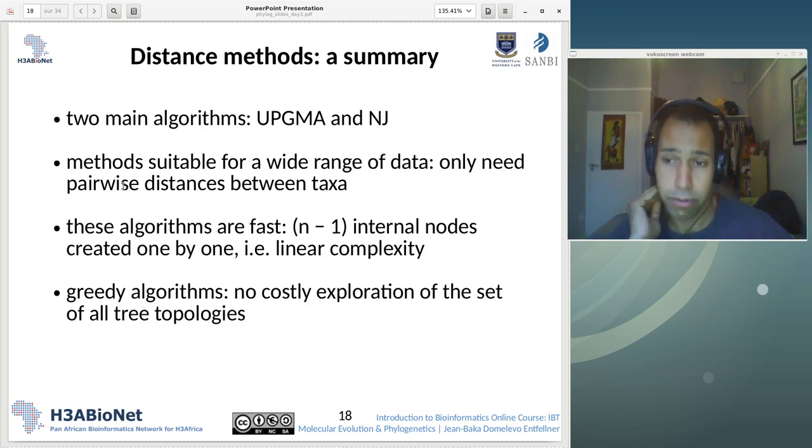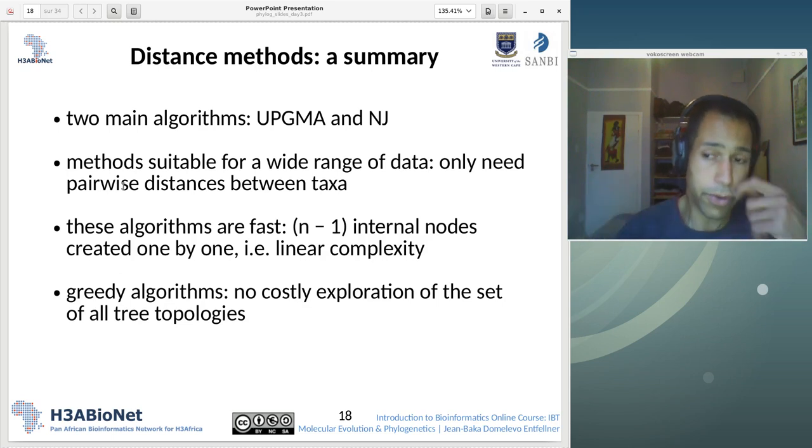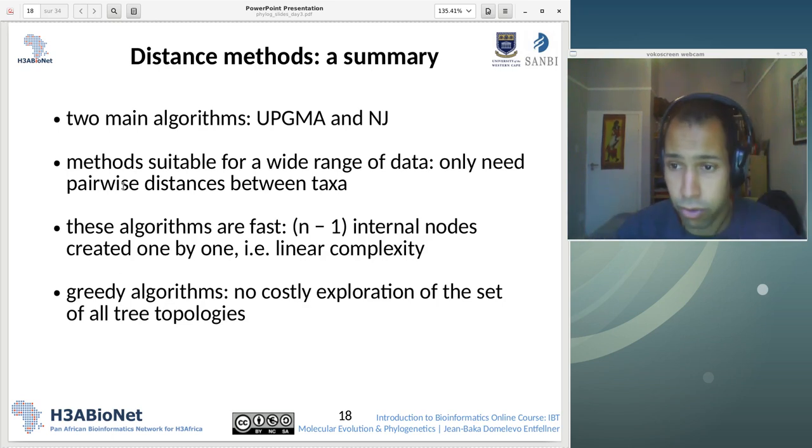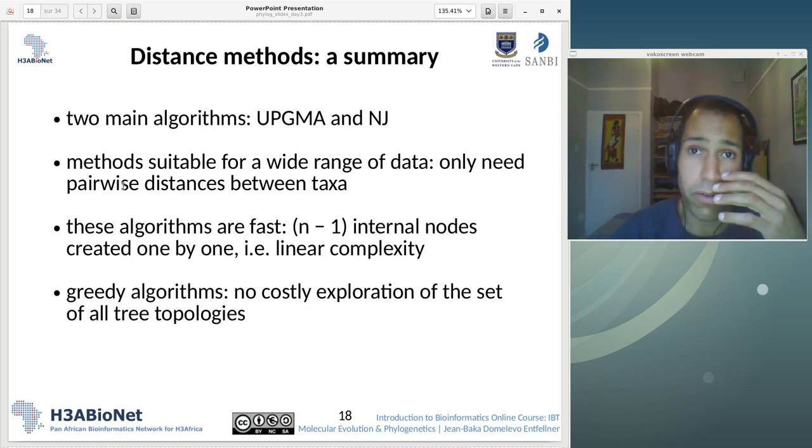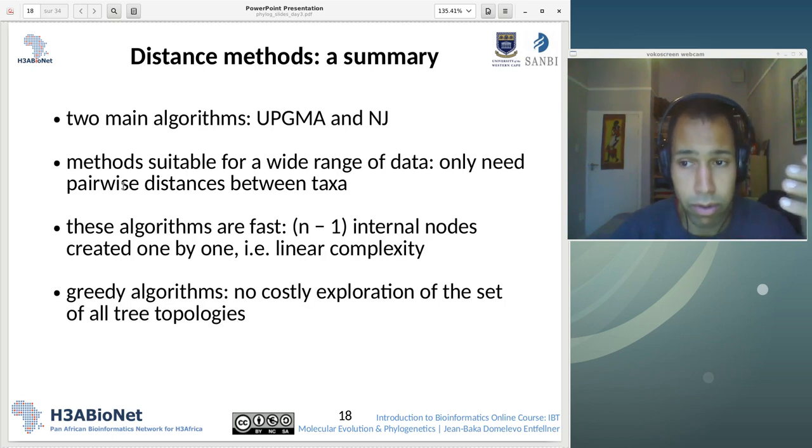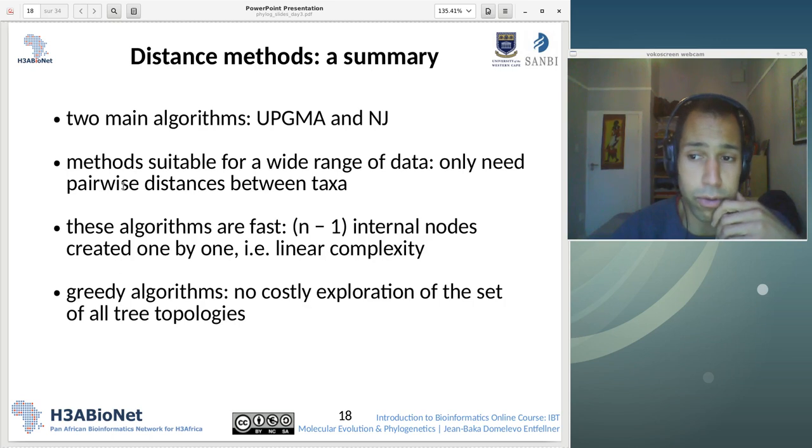Distances can be established on various kinds of objects. You can imagine having distances between pieces of text and establishing phylogenies between books, or distances between societies, distances between groups of friends on a social network, etc., etc.